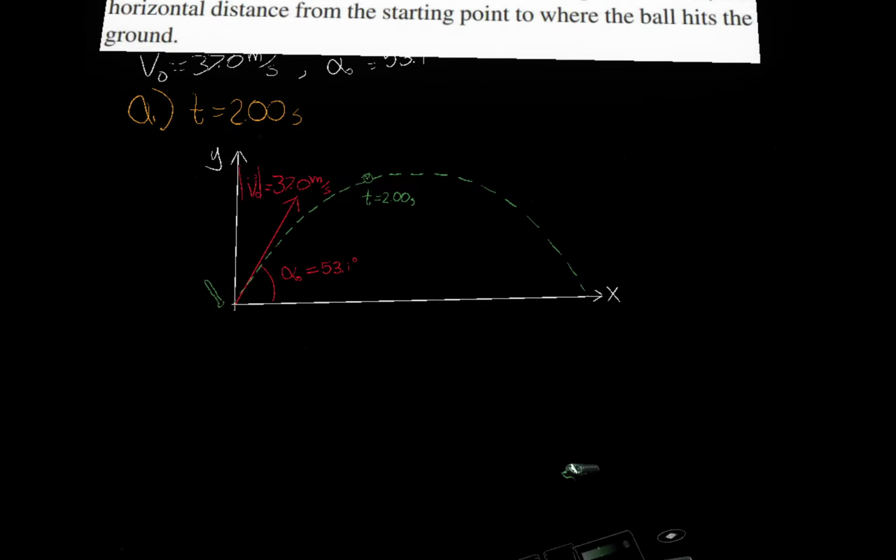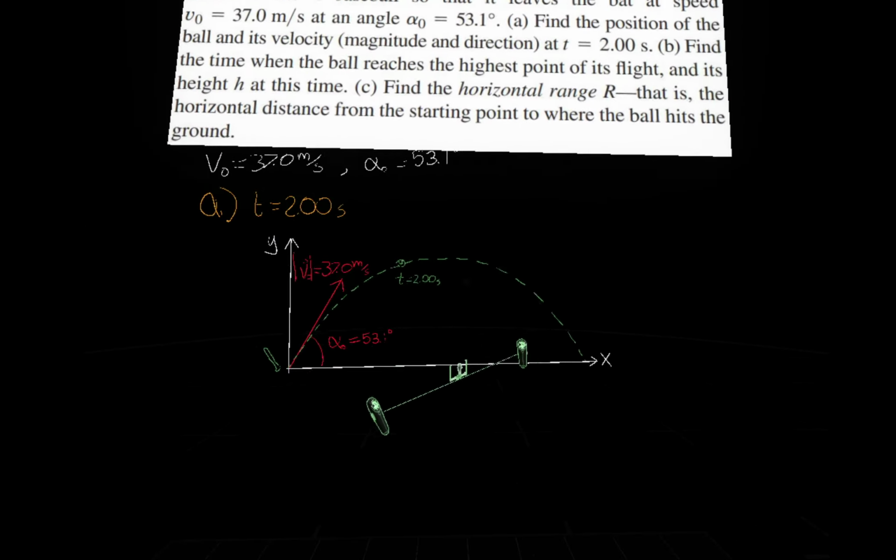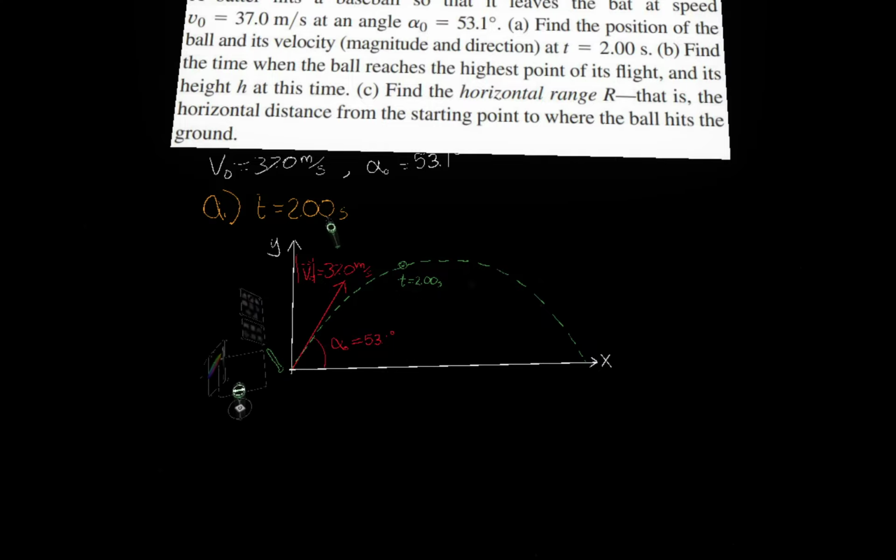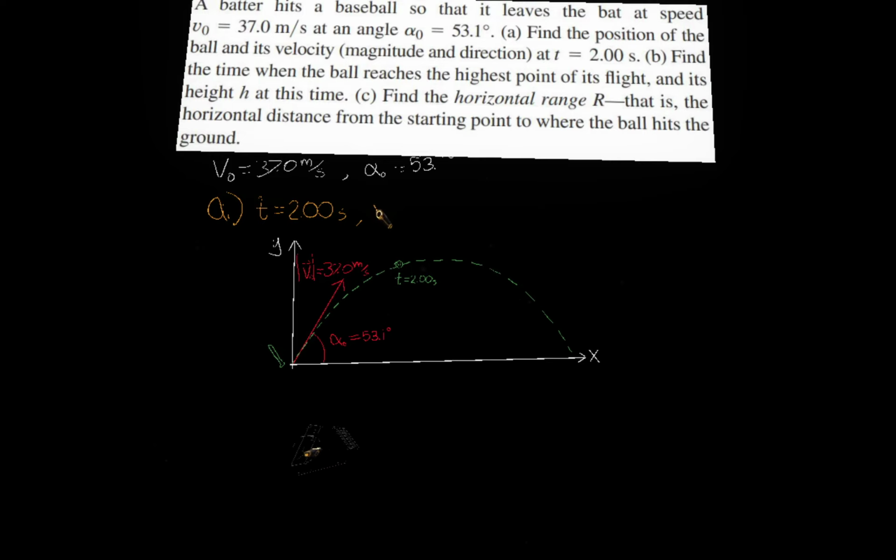All right, so coming back here, what we want, at t equals 2 seconds, is to know what x is. So x is something, y is something, and we also want to know its velocity.